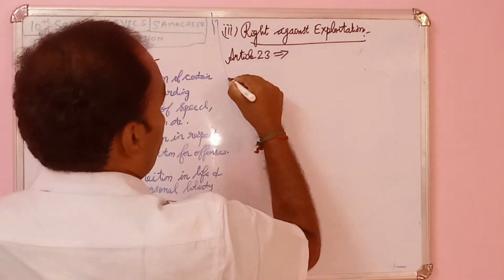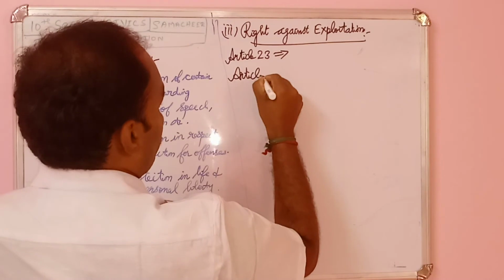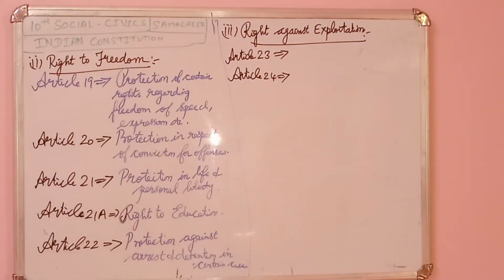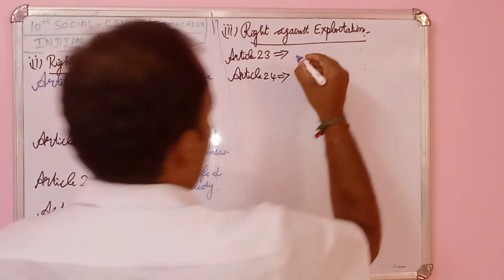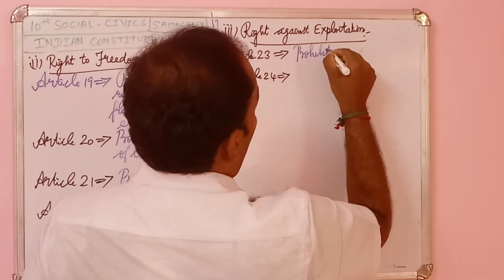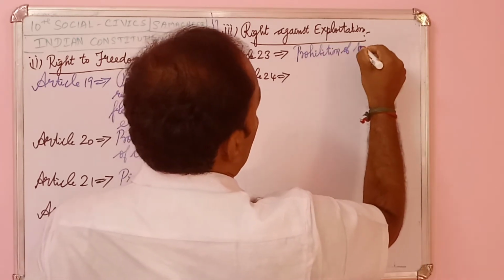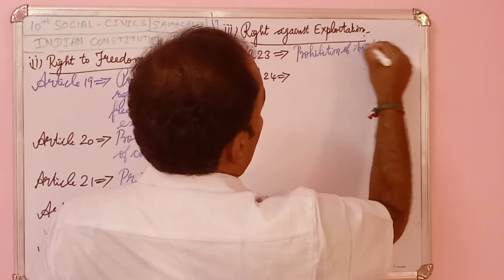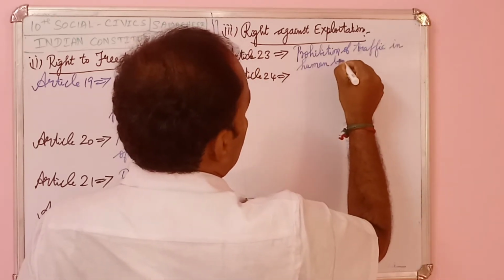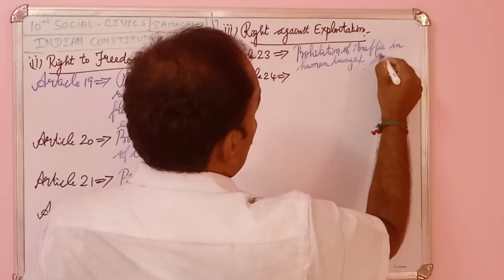Article 23 is prohibition of traffic in human beings and forced labor.